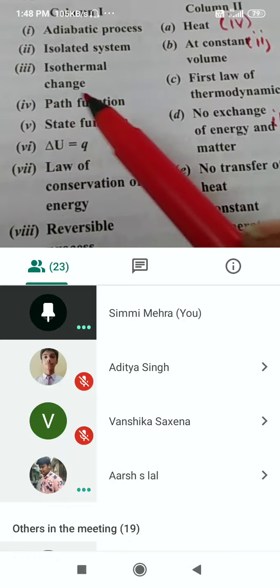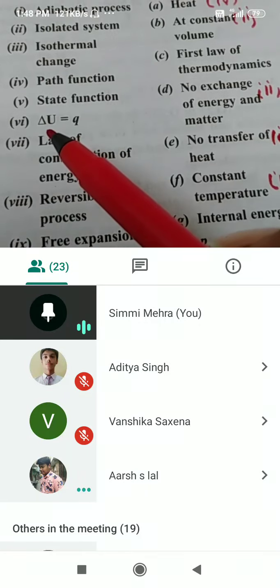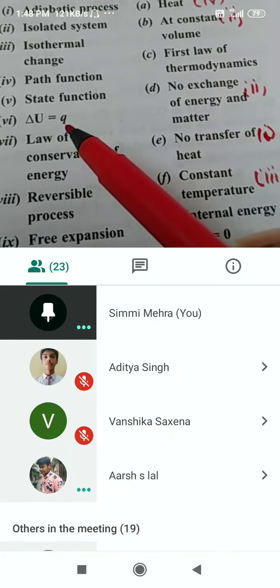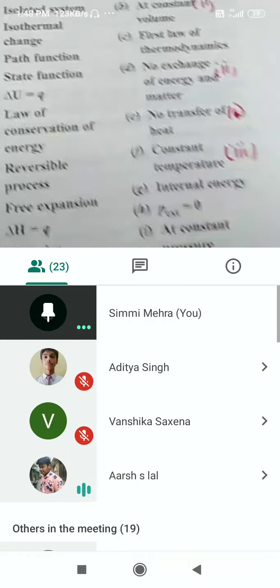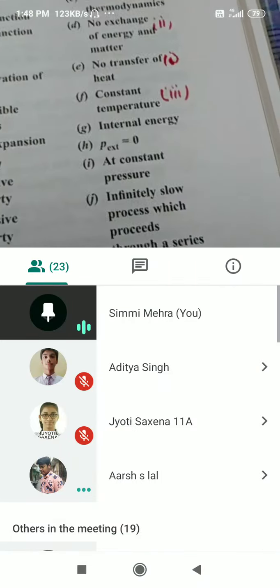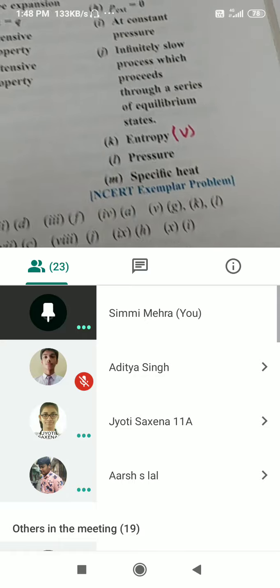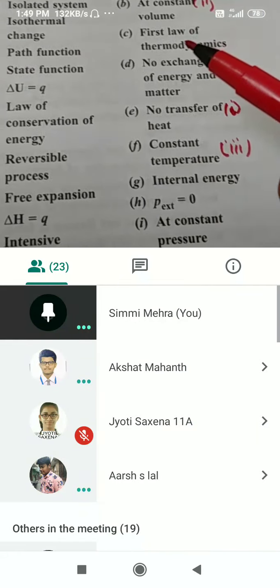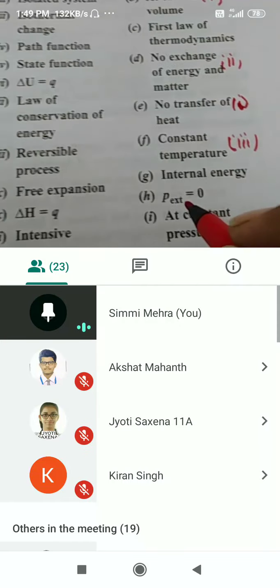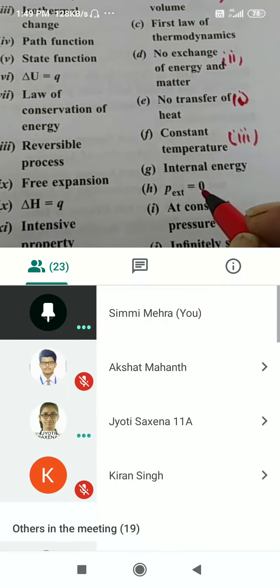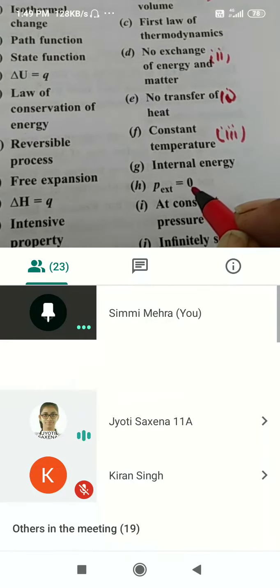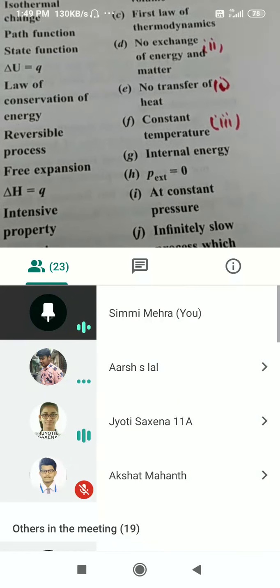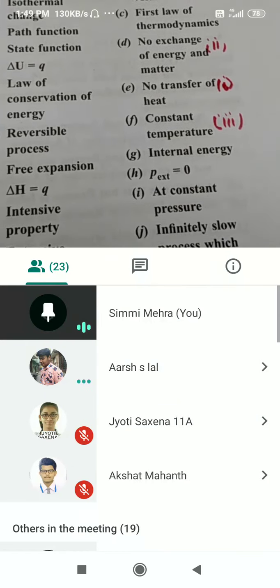Yes. Then we have done delta U is equal to Q when W is equal to 0. Where is that? When P external is equal to 0, work done is 0, right?